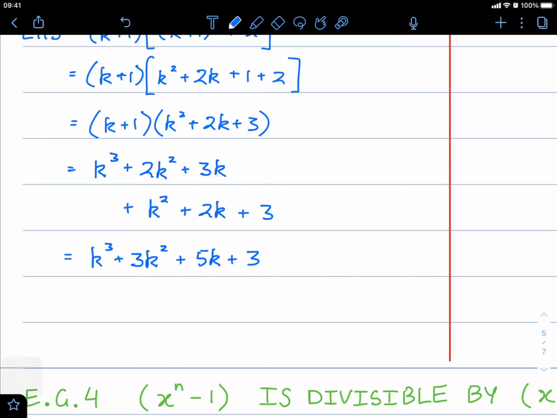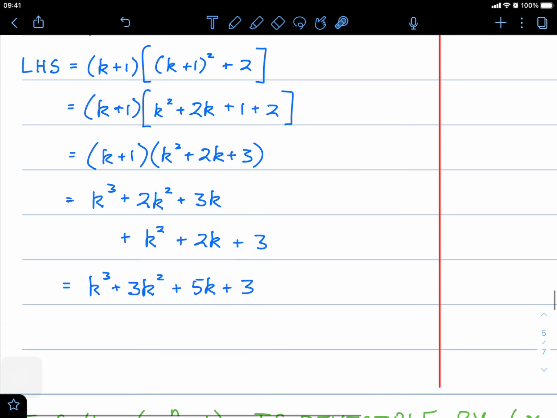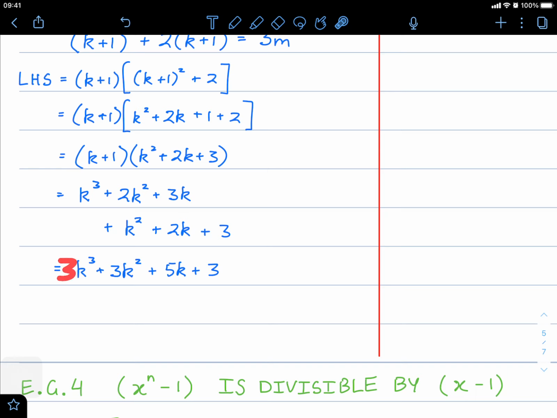Now at this point, if you try and factor or do anything like that, you'll once again reach a dead end. But I'm noticing here that 3 and 3, if this were a 3, we could factor out all the 3's, in which case it would be divisible. And this needs to be a 3k cubed somehow as well. Or, well, a 3 something.